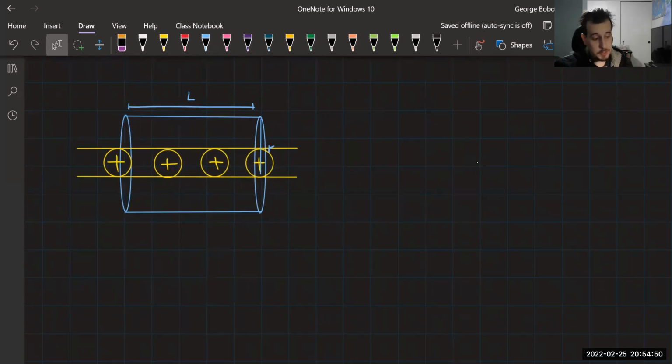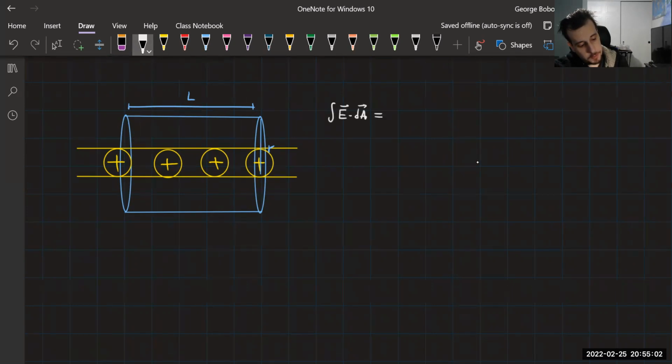Okay, now watch this. The cylindrical surface has two caps and a side. So now we're saying we want to solve this equation. This is Gauss's law for finding electric field. I have satisfied all of the simplifications that I told you to be able to pull this outside.